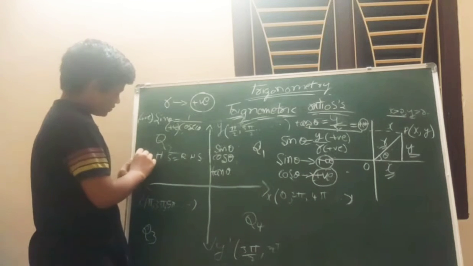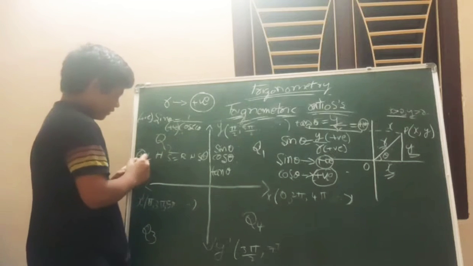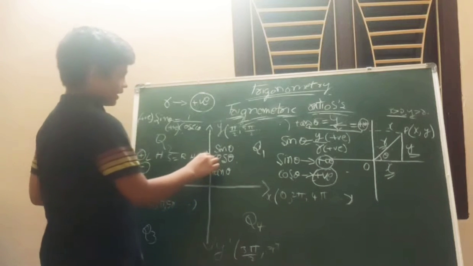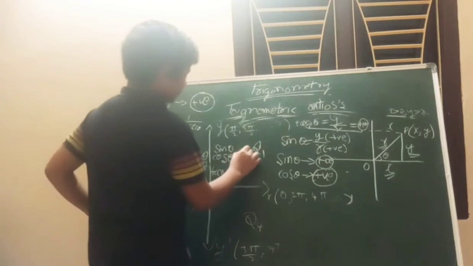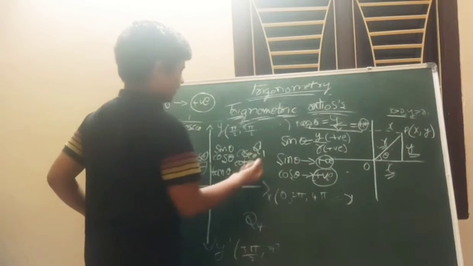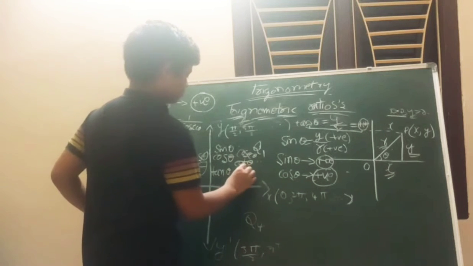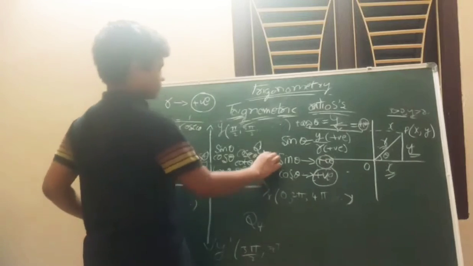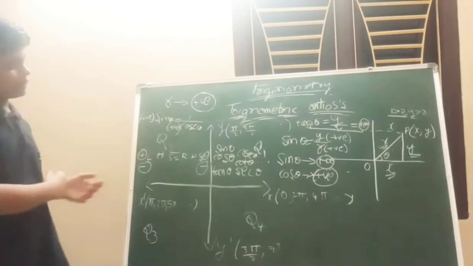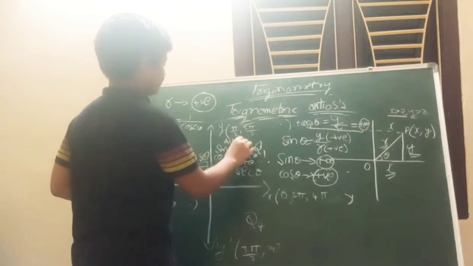If LHS has a positive sign, then RHS also has a positive sign, and if LHS has a negative sign, then RHS also has a negative sign. So cosecant theta, cot theta and secant theta are also positive. Hence in quadrant 1 all are positive.